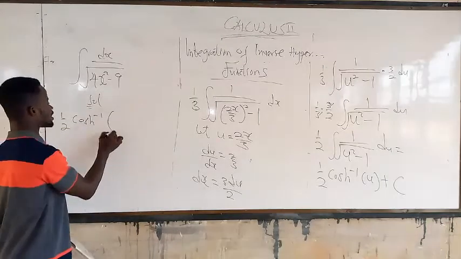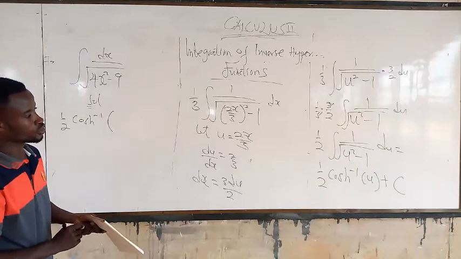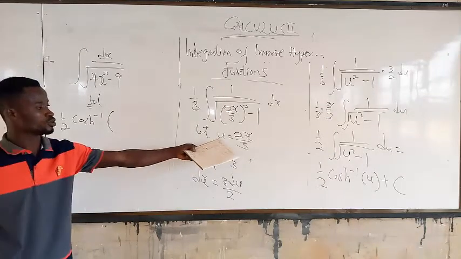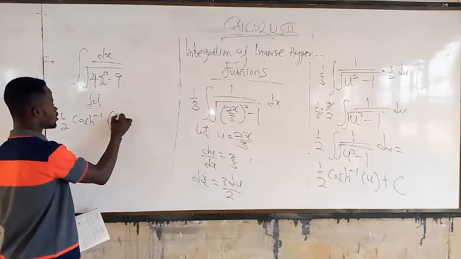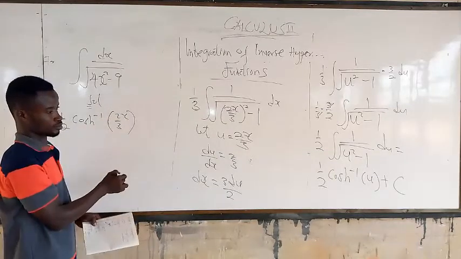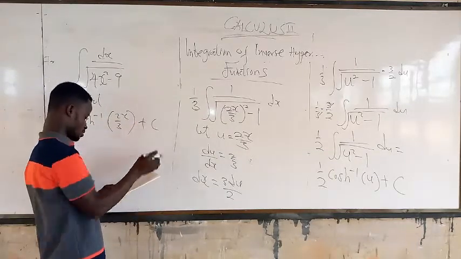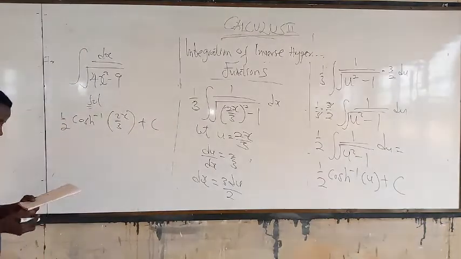Therefore, now we know that u is equal to 2s over 3 plus c. Alright?